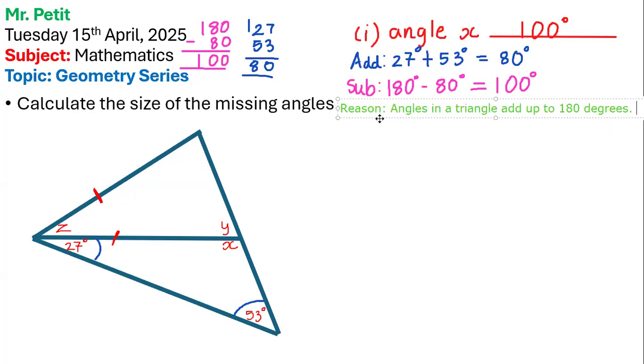Next, after we have that, we have to go on to part double I, and some of you were probably already calculating this. What is very important is that once you get your answer, I would recommend that you put it in the diagram because that's going to be useful.